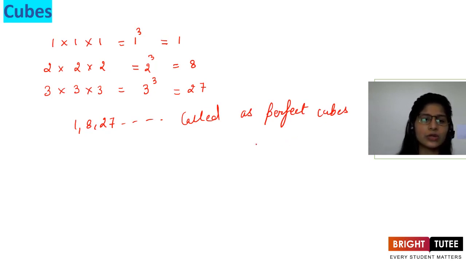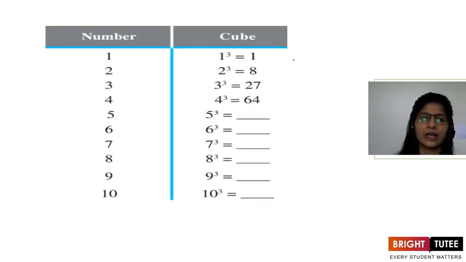Now we're going to learn certain patterns over these perfect cubes, right? Just see here. You can see the table. Cube of 1 is 1, cube of 2 is 8, cube of 3 is 27, cube of 4 is 64. Can you tell cube of 5? It will be 125. What will be cube of 6? You just have to multiply 6 three times. 6 into 6 into 6.